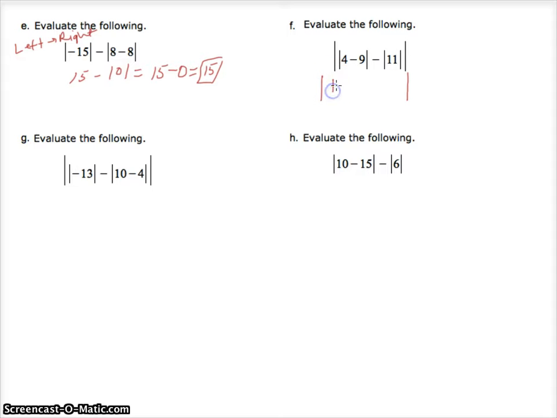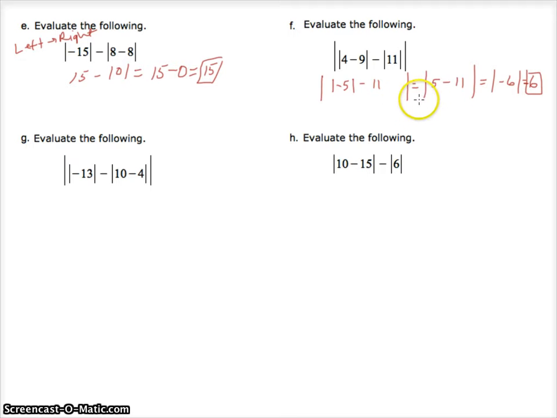So we want the absolute value of negative 5 minus the absolute value of 11, which is 11. So this equals the absolute value of negative 5 is 5, minus 11. So the absolute value of 5 minus 11 gives me the absolute value of negative 6, and the absolute value of that is 6.